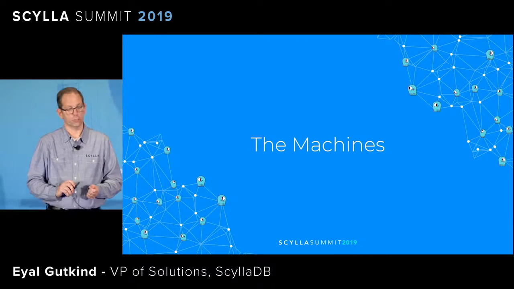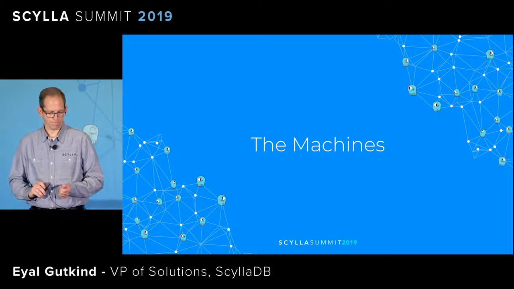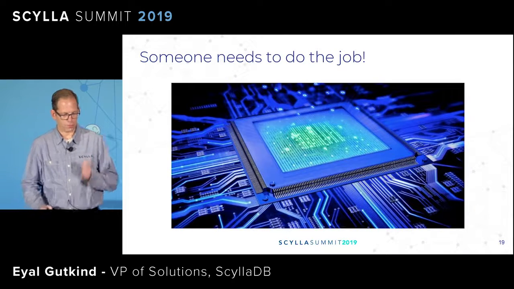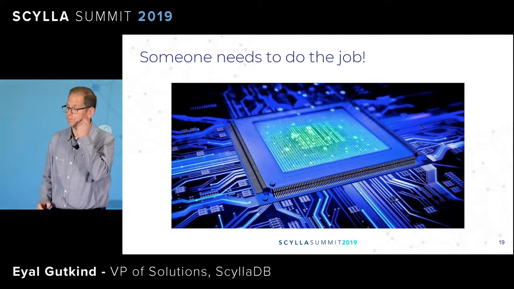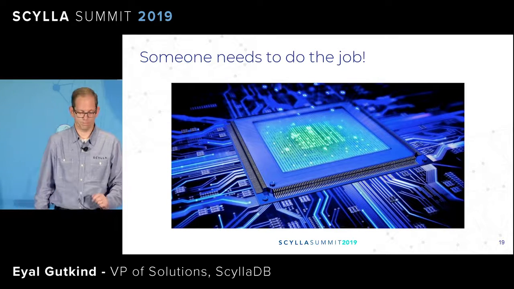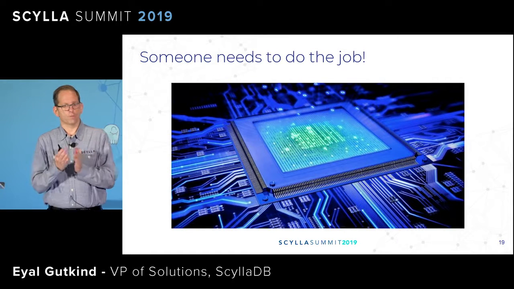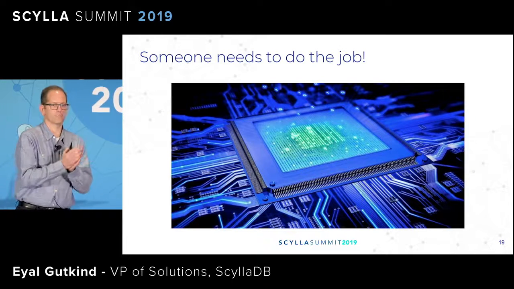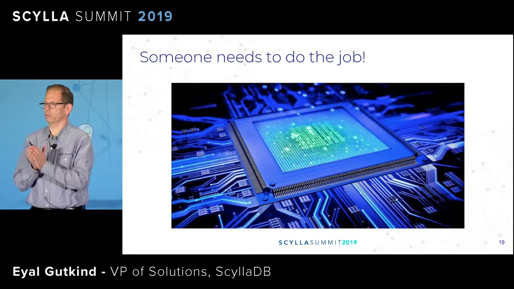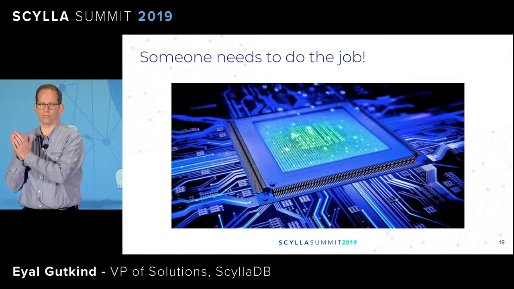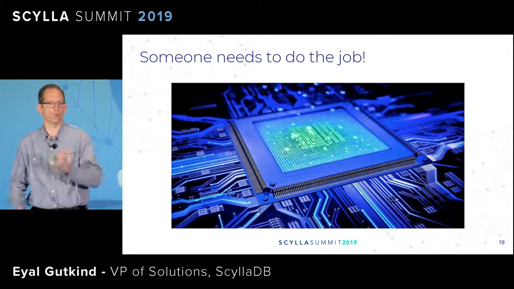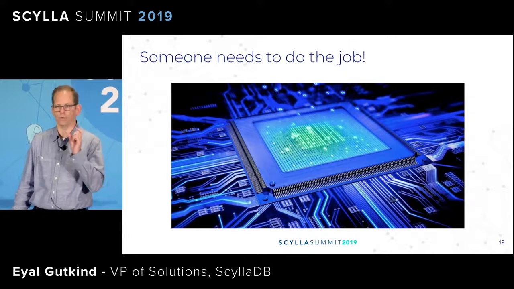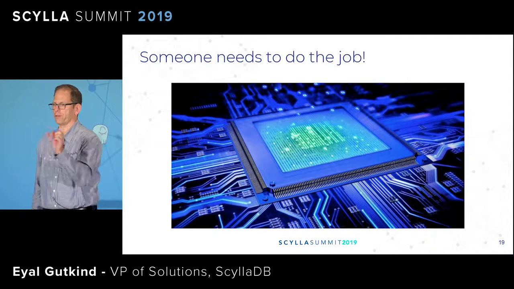Let's talk about the machine that you're using. So the first thing you have here is your CPUs. Somebody has to do the work. We look at CPUs as a distributed system. Each one of those cores is a dedicated portion that we shard the information into. So we will shard every piece of your data into a specific thread.